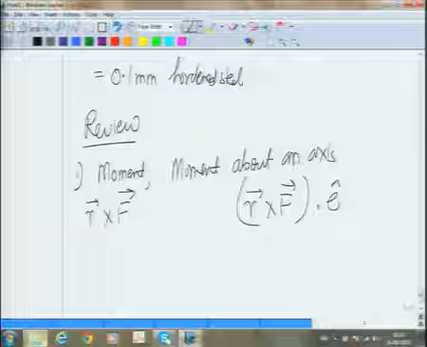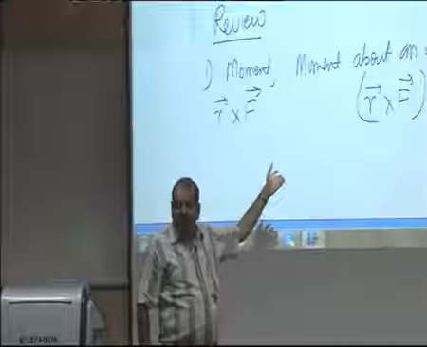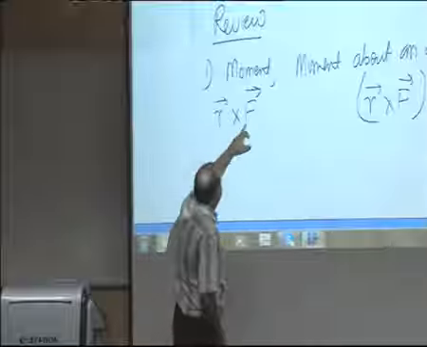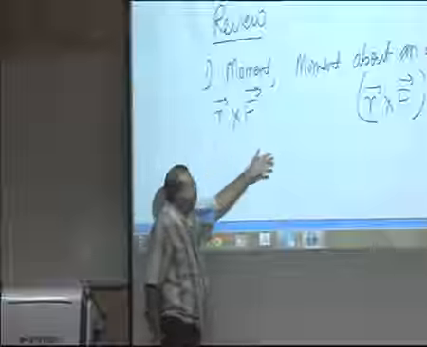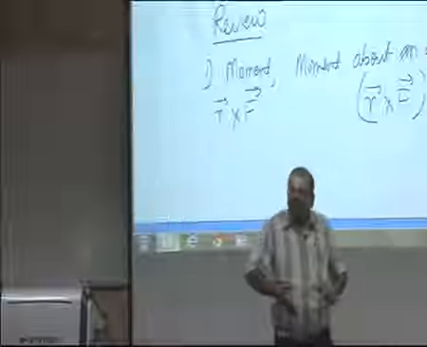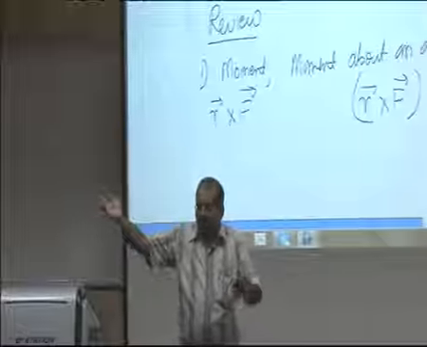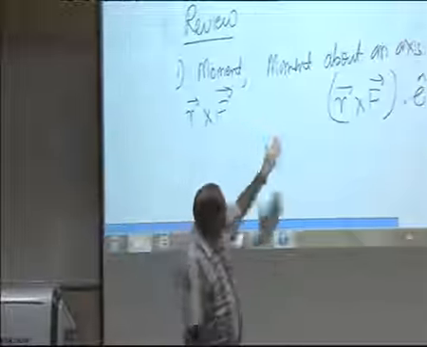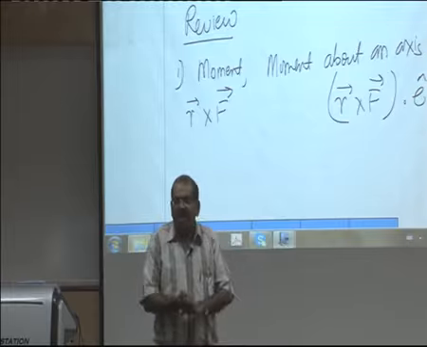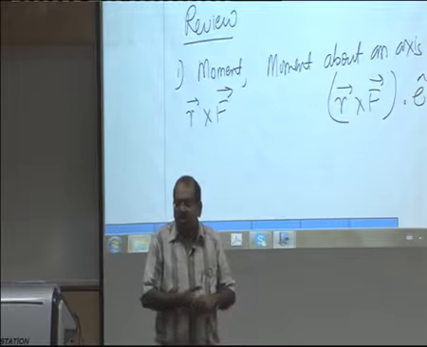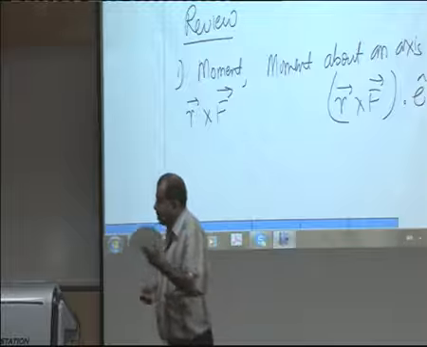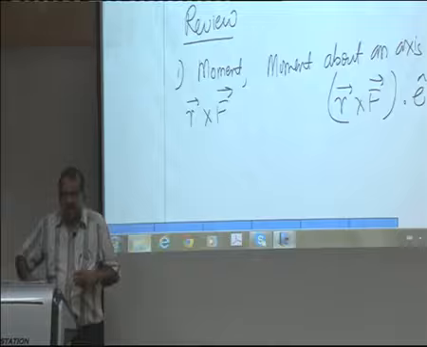R was with respect to the origin about which you are taking the moment. So if the force F is there, then the moment of the force is R cross F. And if you have to find the moment about an axis, you choose any point on the axis. First you take the moment about that point, take a dot product with a unit vector along the direction of the axis, and that gives you the moment about an axis. So these were the first two concepts which we did in the course.